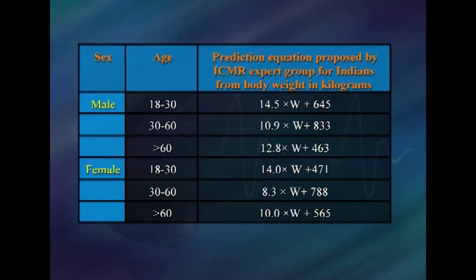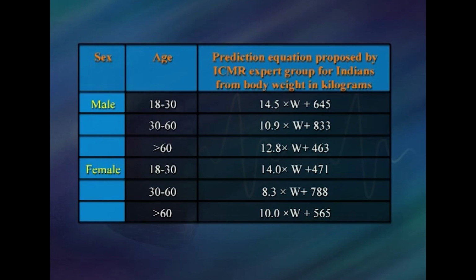Similarly, the equations for predicting BMR from body weight in kilograms is, for a male of 18 to 30 years, the BMR is calculated as 14.5 into weight plus 645, and for a male 30 to 60 years, the calculation is 10.9 into weight plus 833, and above 60 years it is 12.8 into weight plus 463.